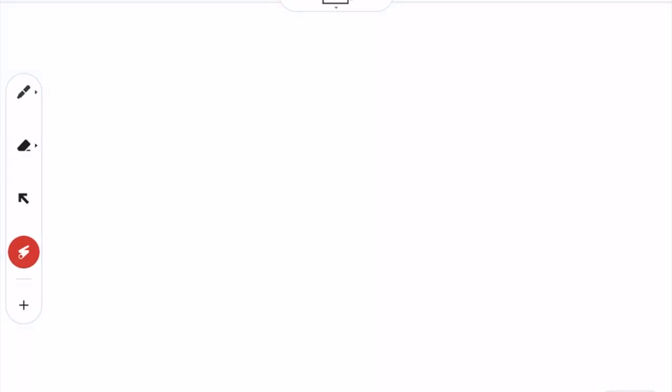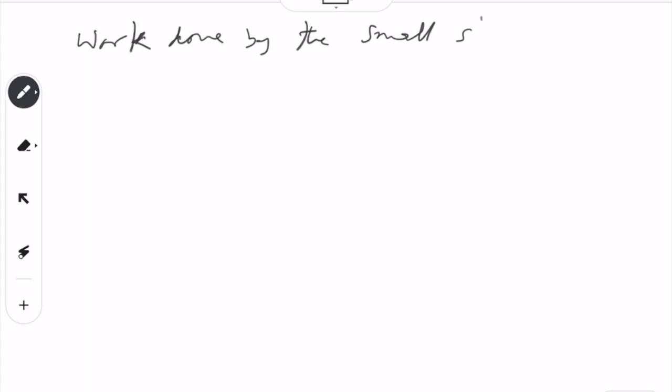So for the small element, for a small slice, let us write the work done by the small slice. Let us write dW equal to Bx multiplied by dx, multiplied by U, whatever the value of displacement is.